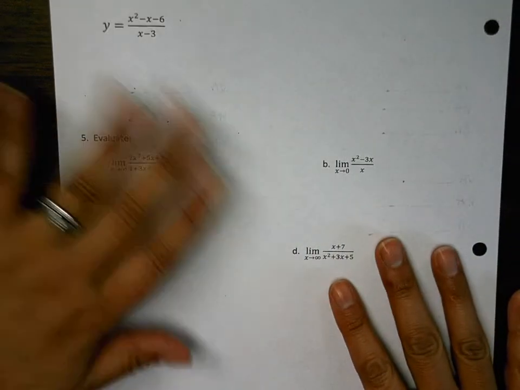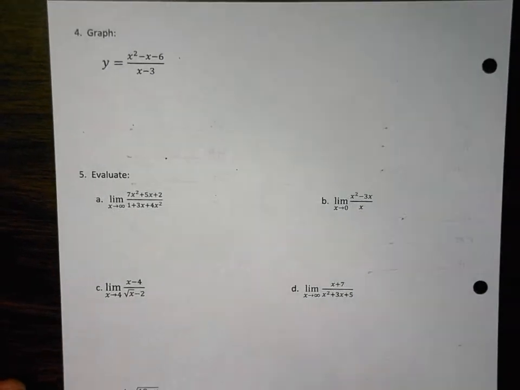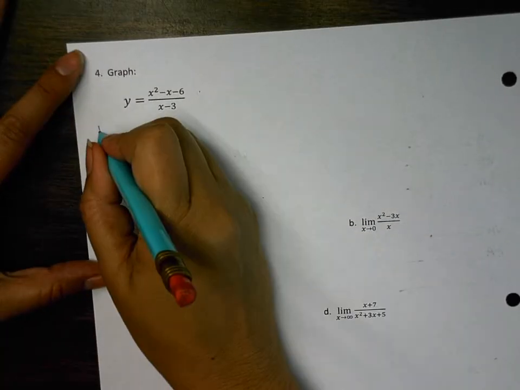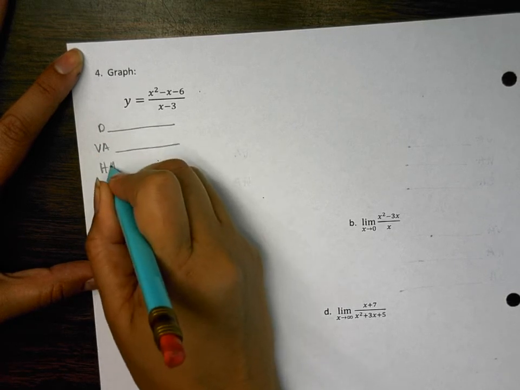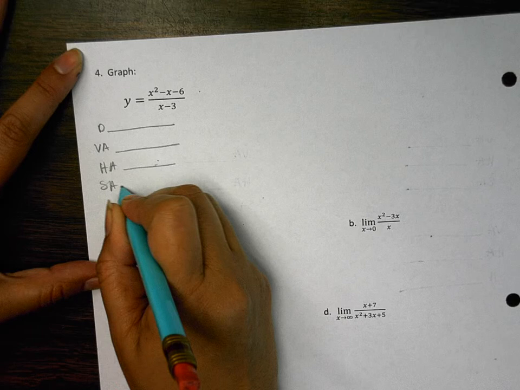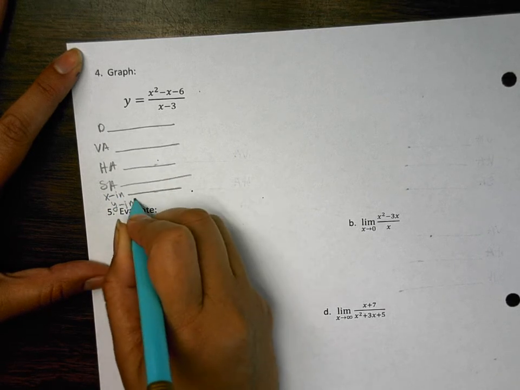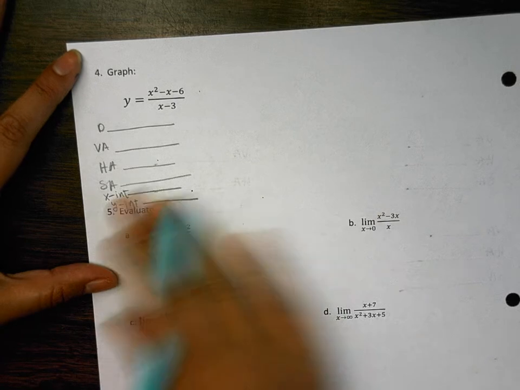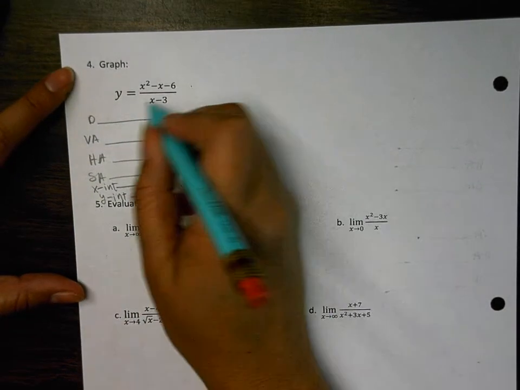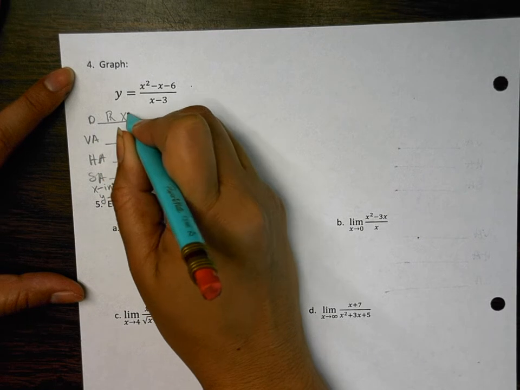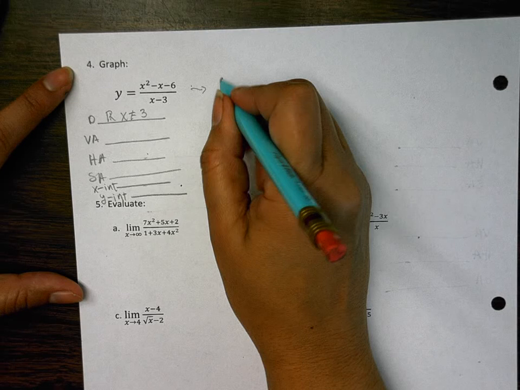Okay, let's flip over to the back side, please. Domain, VA, HA, SA, x-intercept, y-intercept. What is the domain? All reals such that x cannot equal 3.